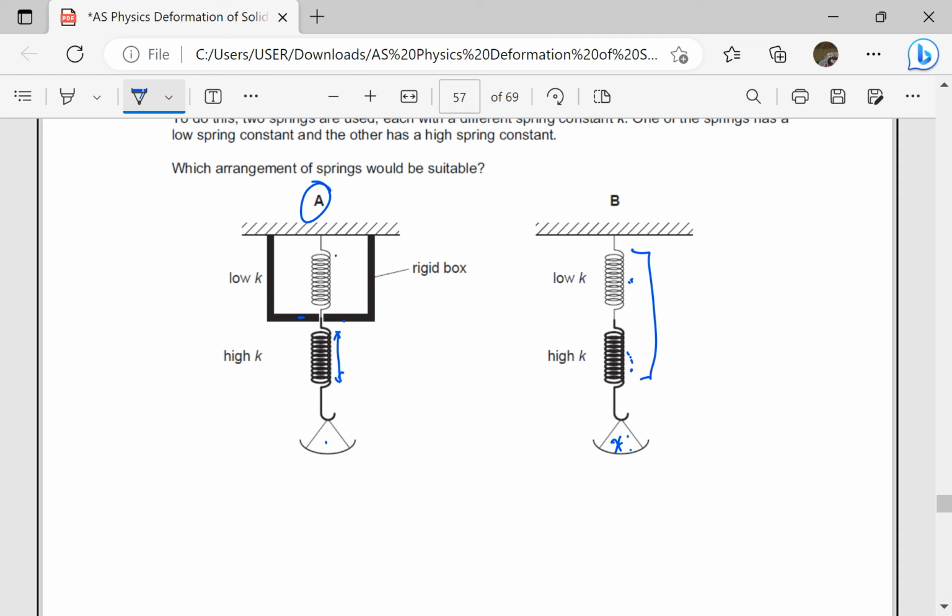It does not stretch much. So therefore, this will be sensitive to smaller masses because this spring here will stretch. But if I put a large mass, this spring has a limit. The rigid box prevents it from overstretching. And yet the spring at the bottom has a high value of k. It does not easily stretch. So for large masses, it will be less sensitive. Therefore, the answer is going to be A.